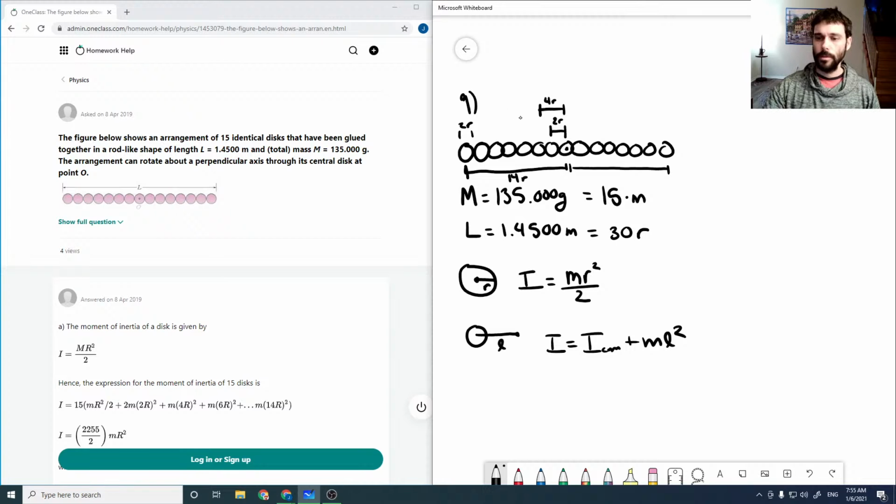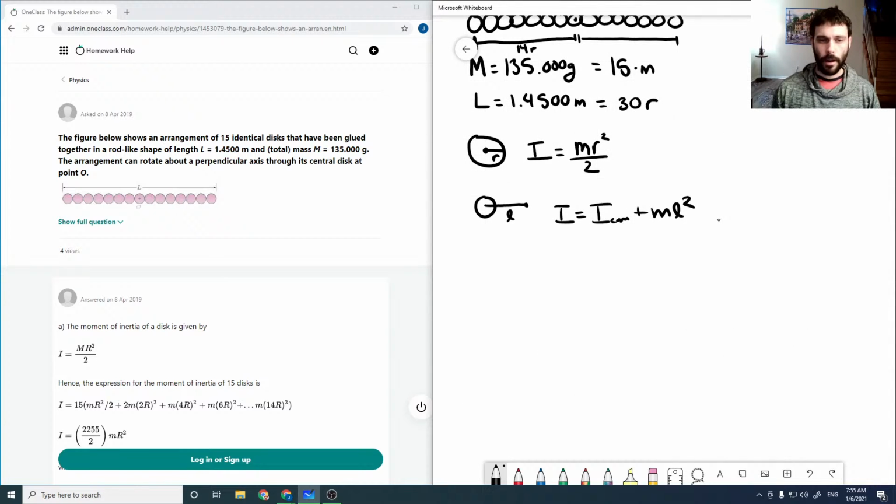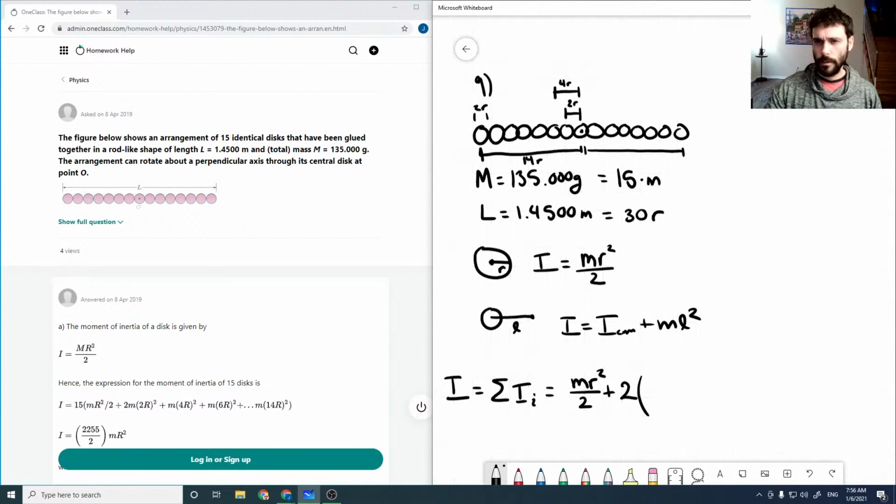So our moment of inertia is going to be the sum of all our little inertias, which in this case is going to be the inertia for the center guy, plus 2 times that for the one that's next to it, as there's 2 of them. So that would be mr squared over 2 plus ml squared. So L in this case is the distance, so that's just this 2r.